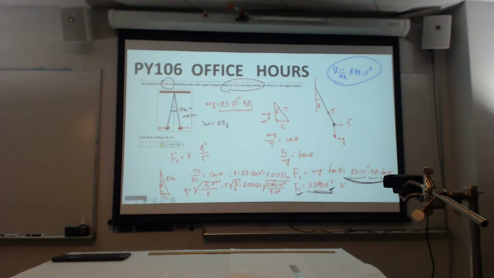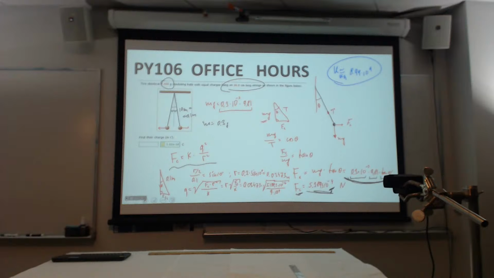Okay, this is the force. So Coulomb's force times distance squared divided by the constant, square root.